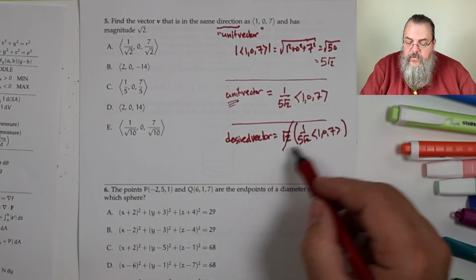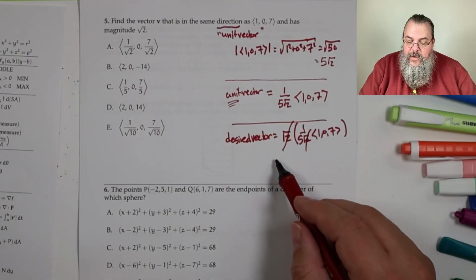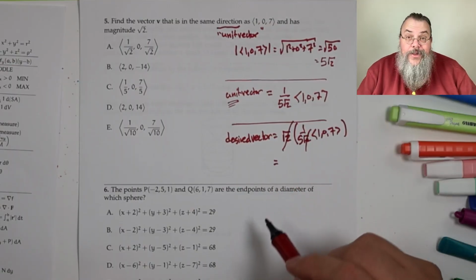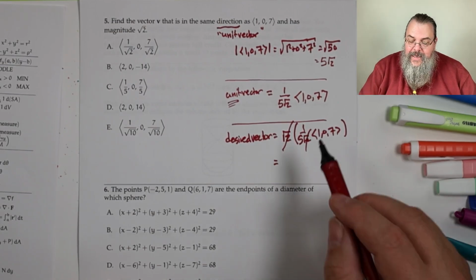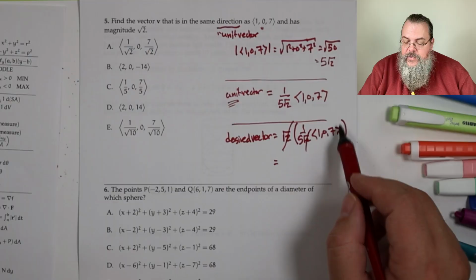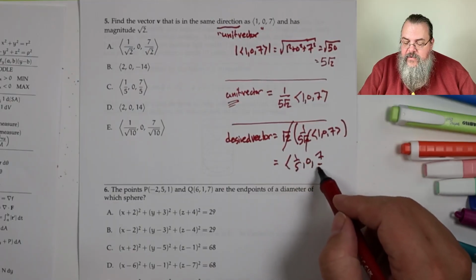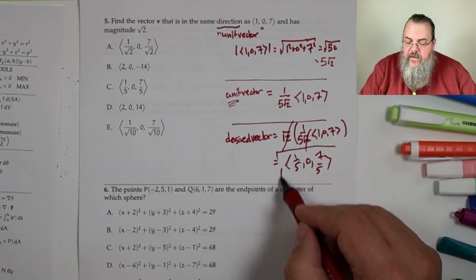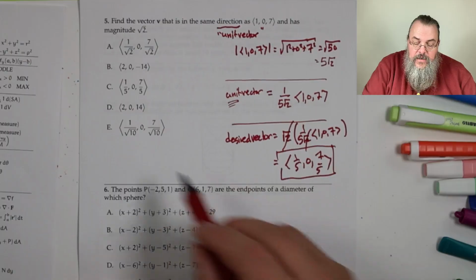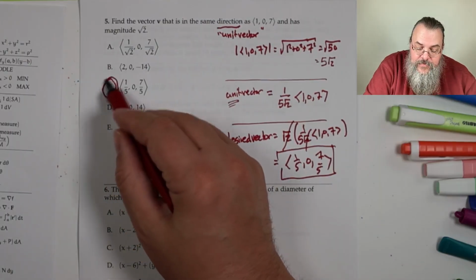And we say, the square root of 2's cancel. Almost like they wanted them to cancel. I think they did want them to cancel. And, well, we can multiply the 1/5 through, and we get <1/5, 0, 7/5>. And there's our answer, and it matches.